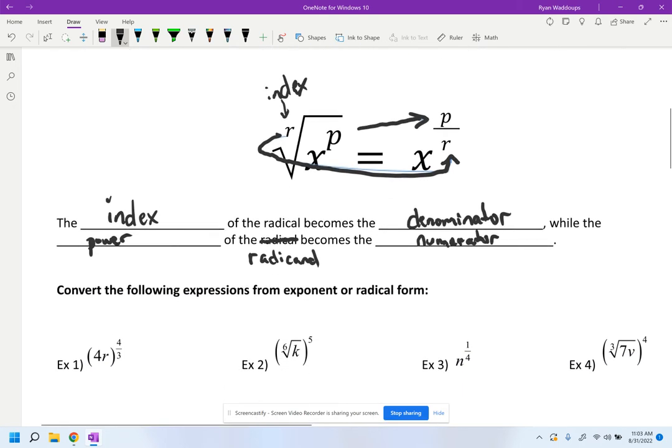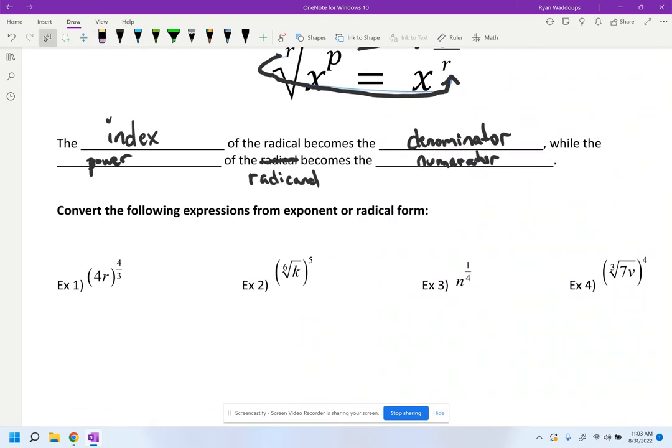Let's look at some examples here. So we've got 4r raised to the 4/3 power, and since it's in rational exponent form, we want to convert that to a radical.